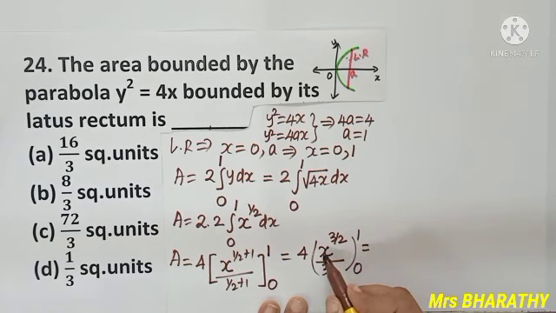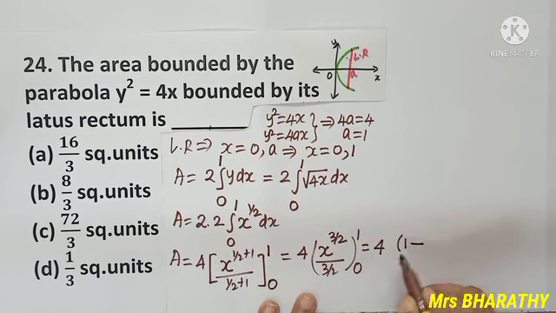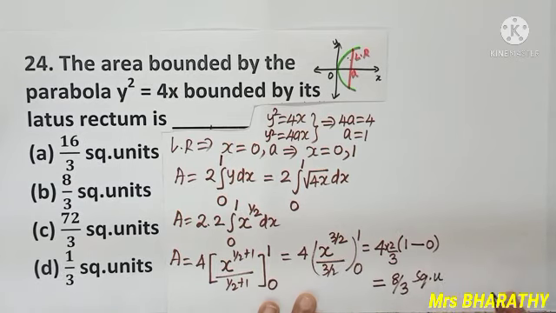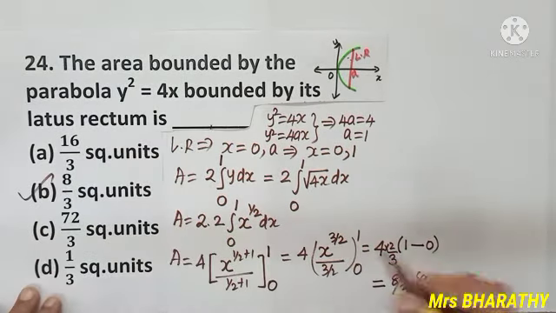Whenever I put 1, power any number gives me 1 only, and 0 power any number gives 0. The denominator 3 by 2, I reciprocate, it goes as 2 by 3. So my final answer is 8 by 3 square units. So option B is the right choice.